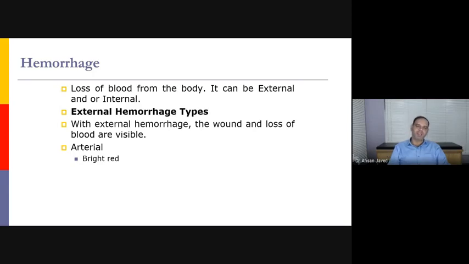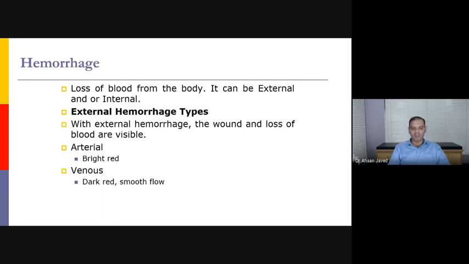It can be arterial, and the differentiating point for arterial hemorrhage, or the blood which is on the skin after an injury, if it is of arterial origin, immediately after the bleeding it will be more bright red in color. So arterial blood is always more bright red in color.